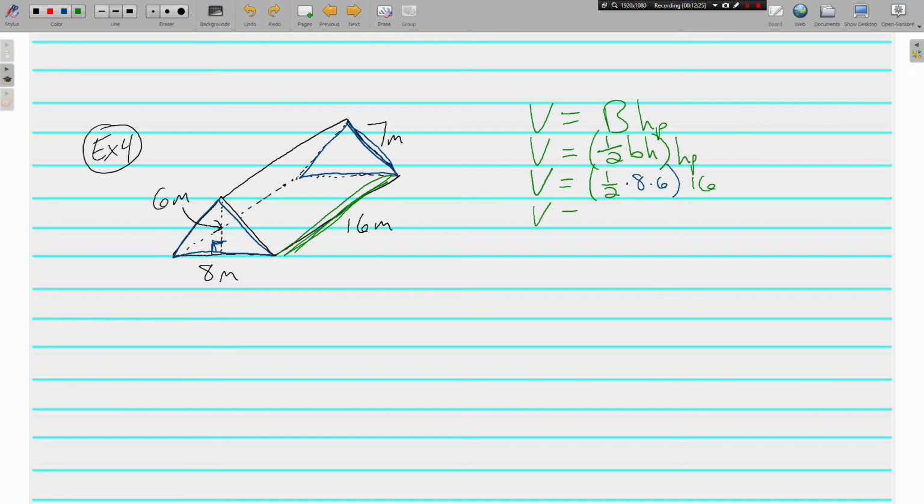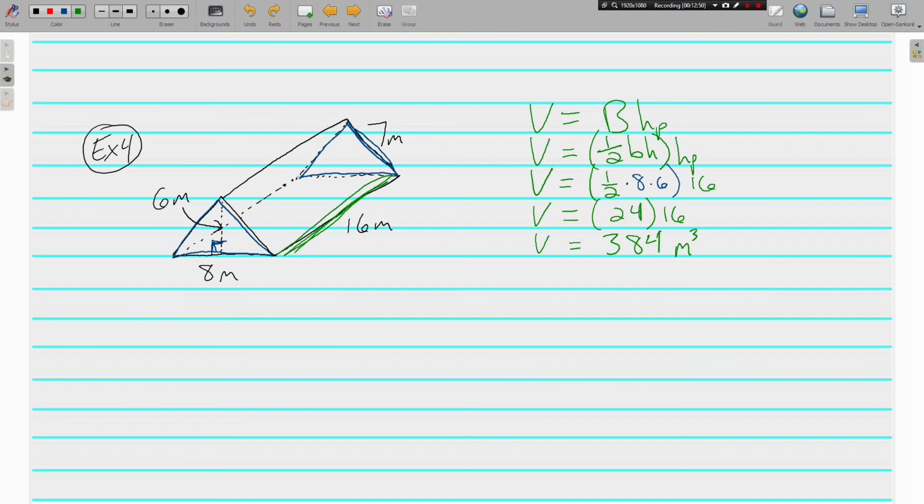Half of 8 is 4. 4 times 6 is 24. Times 16 is 384. Come on. 384 cubic meters.